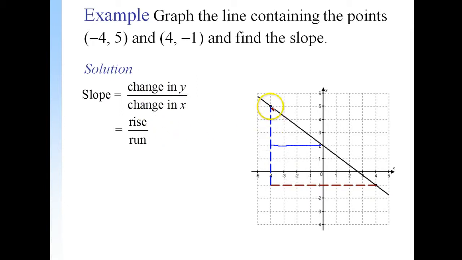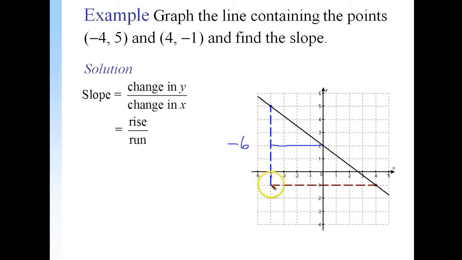So now what we're going to do is count, starting here. We're going to count the number of rise units, and we're going down. So this is going to be 1, 2, 3, 4, 5, 6. So this is a negative 6 for our run. I'm sorry, rise.